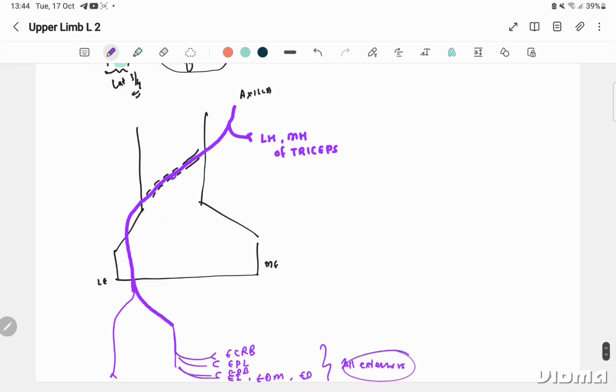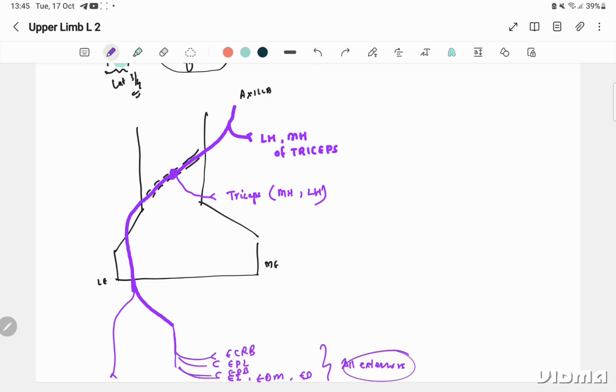Then from the point B in the spiral groove, it gives branch to triceps. Which head? Medial head and the lateral head. So the medial head of triceps is getting two innervations here.